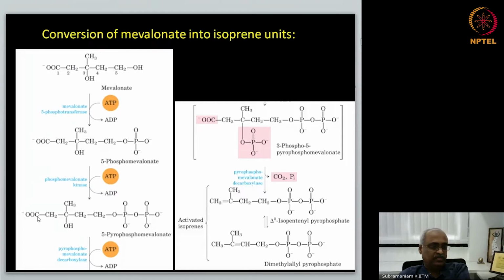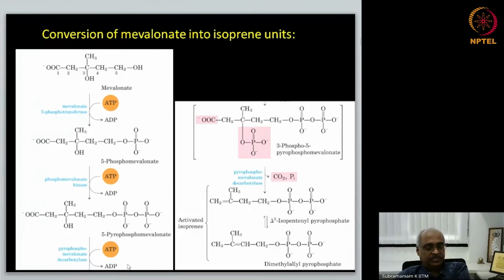So numbering from here 1, 2, 3, 4, 5. So we start from this main functional group, and that's why this is the fifth one, forming this pyrophosphate group. Then a decarboxylase converts this into the isopentenyl version of it.